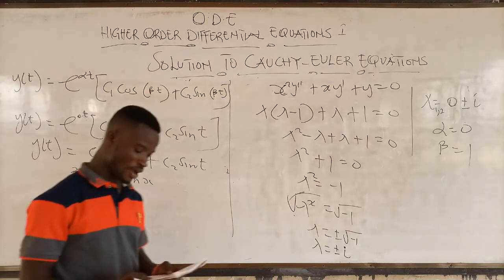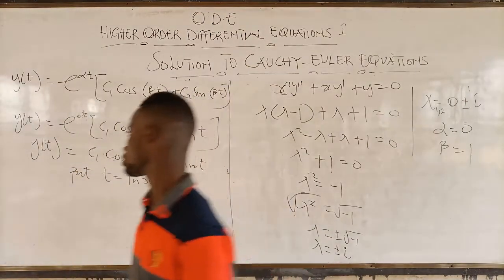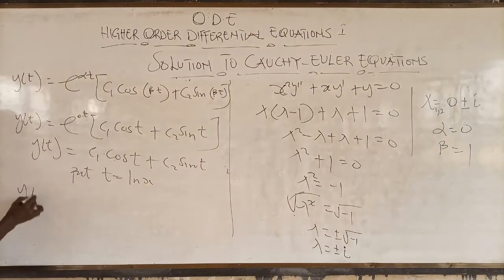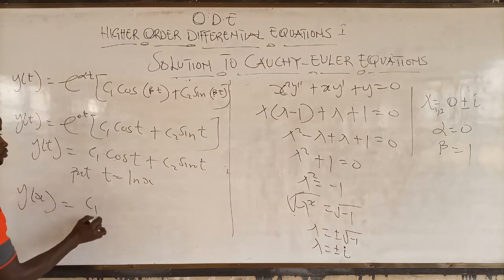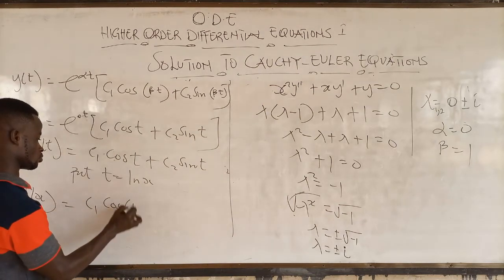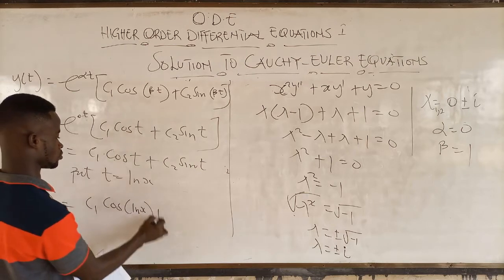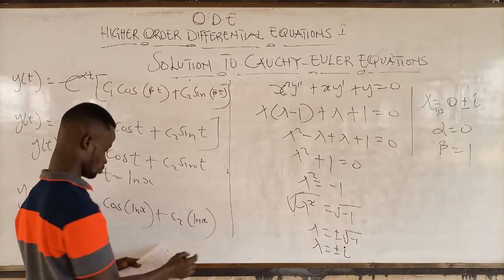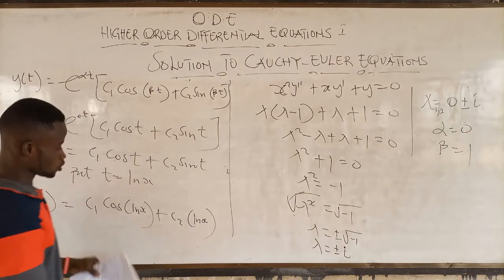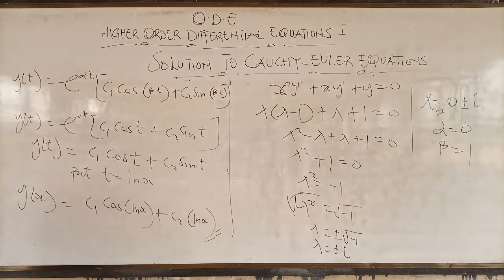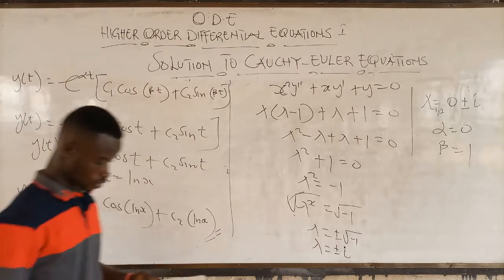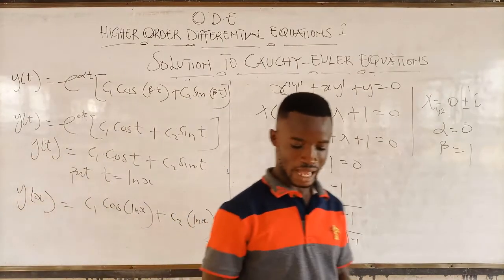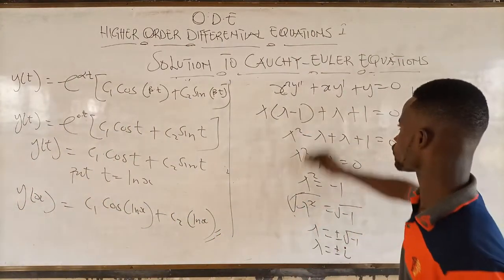So what this means is that wherever you see t, put in s there. Alright, so this becomes the general solution. Don't forget that we are given some IVP. Let's go for that.